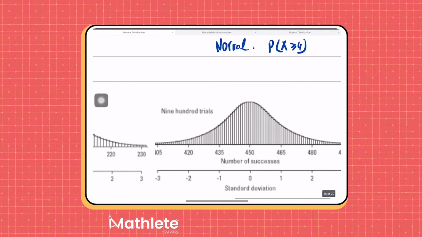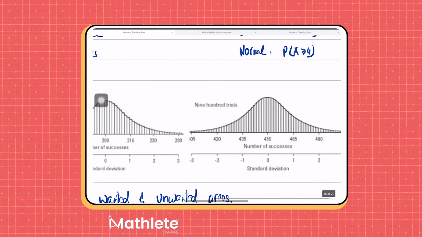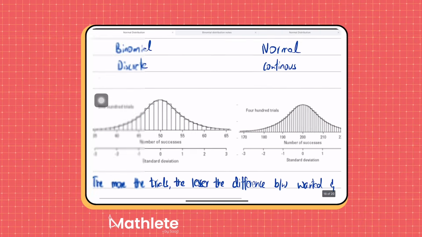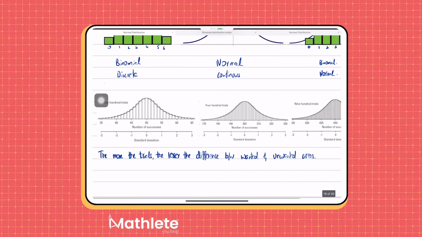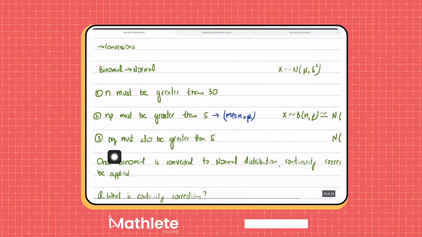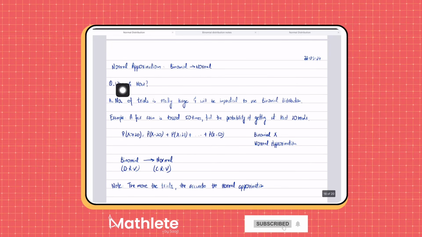So we're dealing with situations like these. Although we won't have 900 trials, we will have close to, let's say, 100 trials or 80 trials or 60 trials. Remember, at the end of the day, we are approximating it. We could use binomial distribution, but in a scenario like this it would take forever. So instead we use normal approximation.